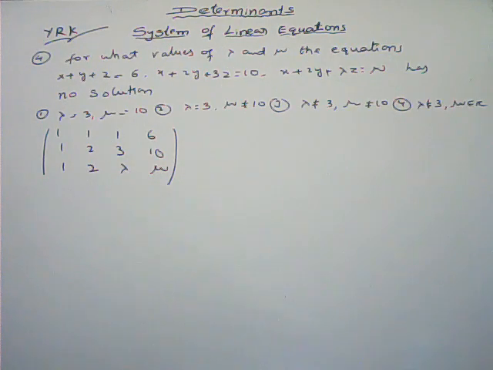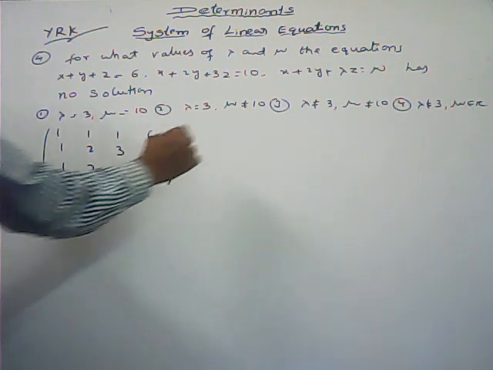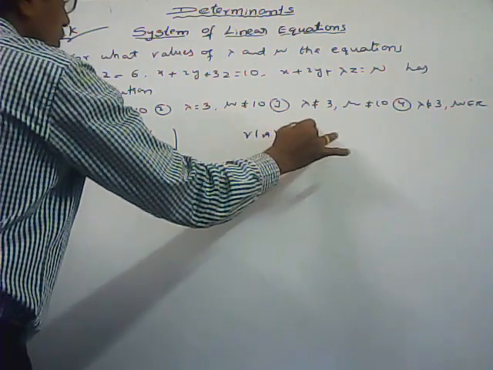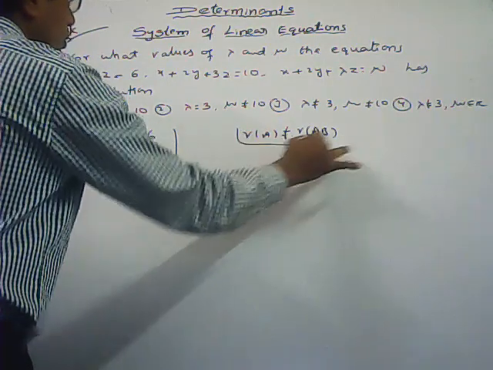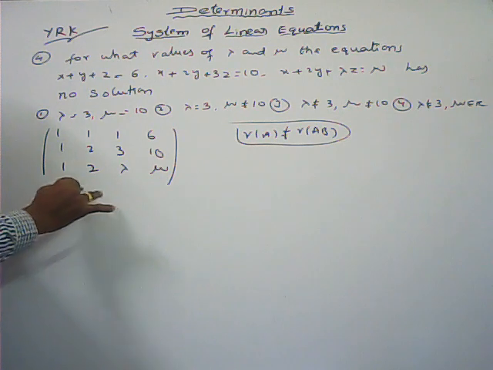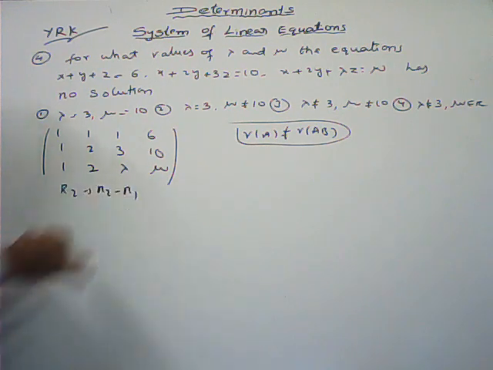Next one: for what values of lambda and mu does the system of equations have no solution? No solution means the rank of A is not equal to the rank of the augmented matrix. Both ranks should not be equal. Now I am going to convert this into echelon form. Here R2 goes to R2 − R1, 1 − 1 = 0.